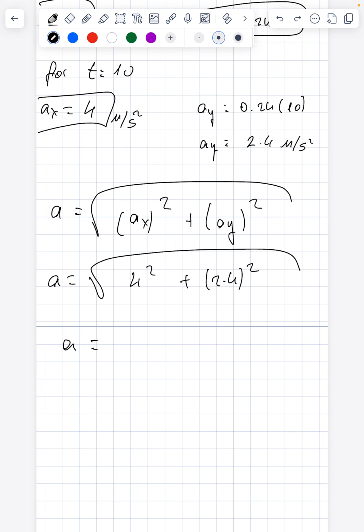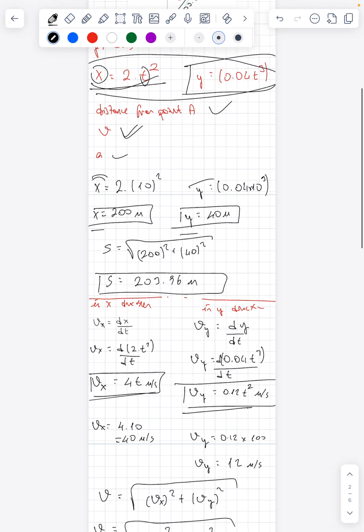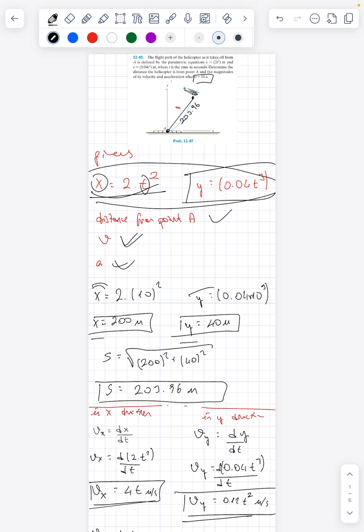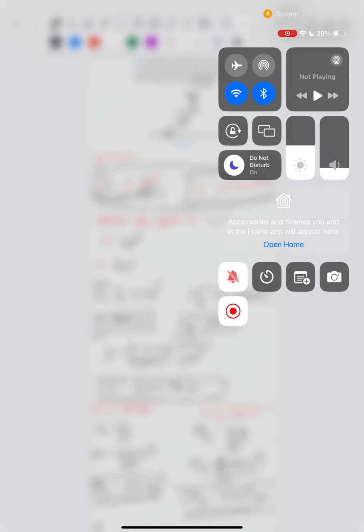Again, I need a calculator, and it is 4.6 meters per second squared. I also found the magnitude of acceleration, and this is solved fully. Thank you for listening, guys. See you in next videos.